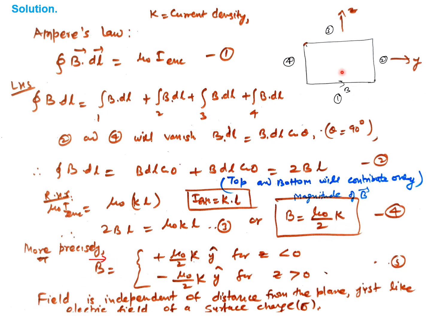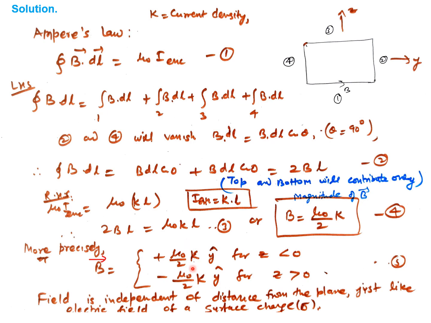And the direction is plus z above and minus z below the sheet. If z is less than 0, current is flowing in the x direction, so the fingers will curl around the plus y direction. So for z less than 0, it is mu naught k by 2 in the plus y cap direction, and if it is above, the current is flowing in this direction, so here the direction will be the minus y direction: minus mu naught by 2 k y cap for z greater than 0.